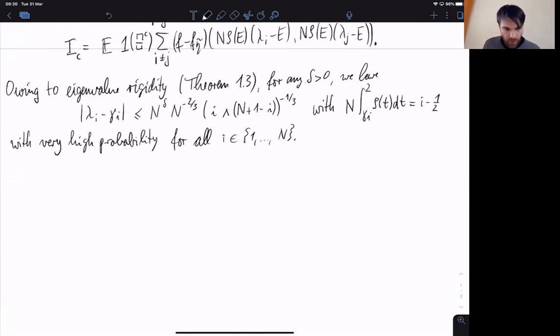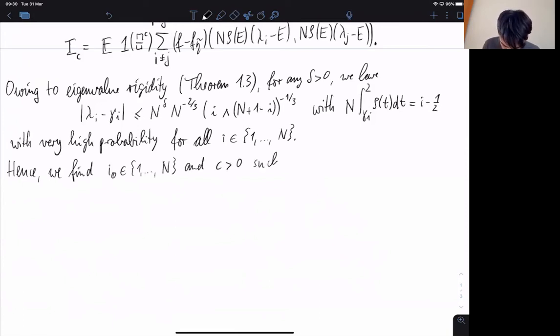And hence we find I0 in 1 to n and C bigger than 0, such that, well, I said it holds with very high probability, but for our purpose it will be enough to use that the probability is at most n to the minus 3.